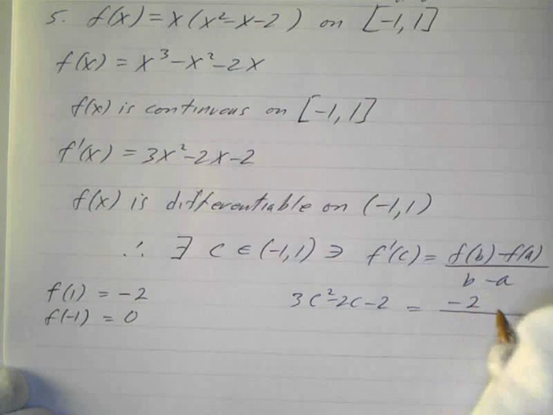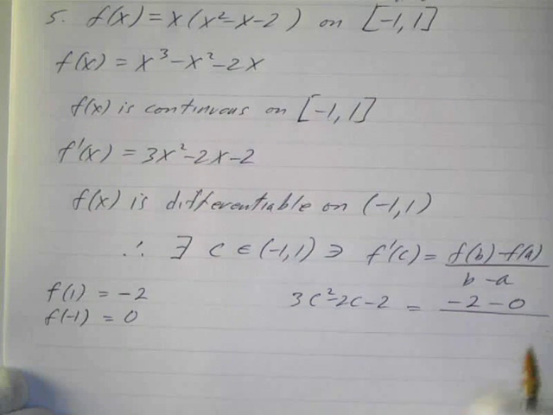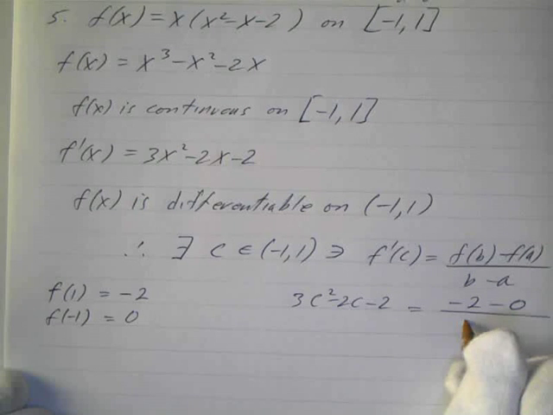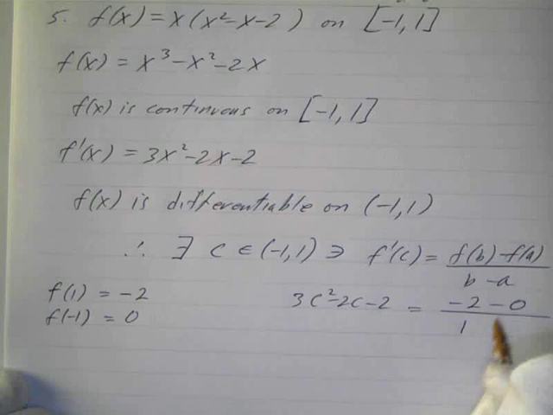So I've got -2 minus 0 all over b, which is 1, minus a, which is -1.